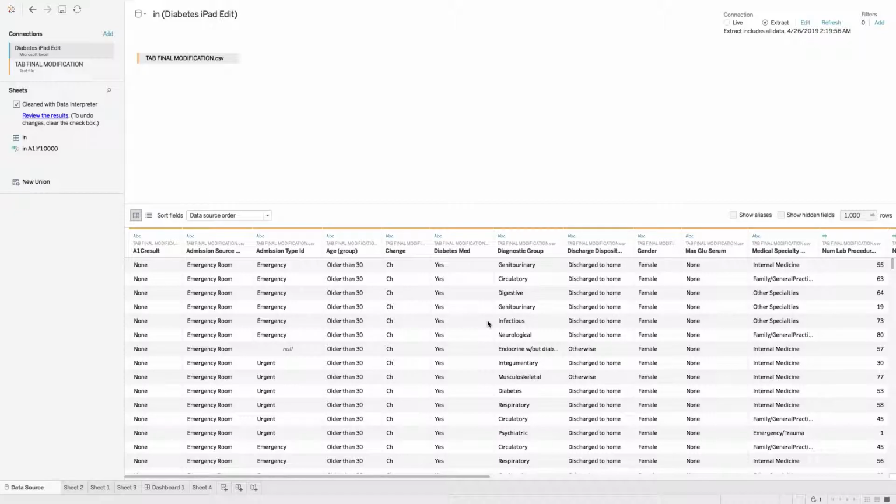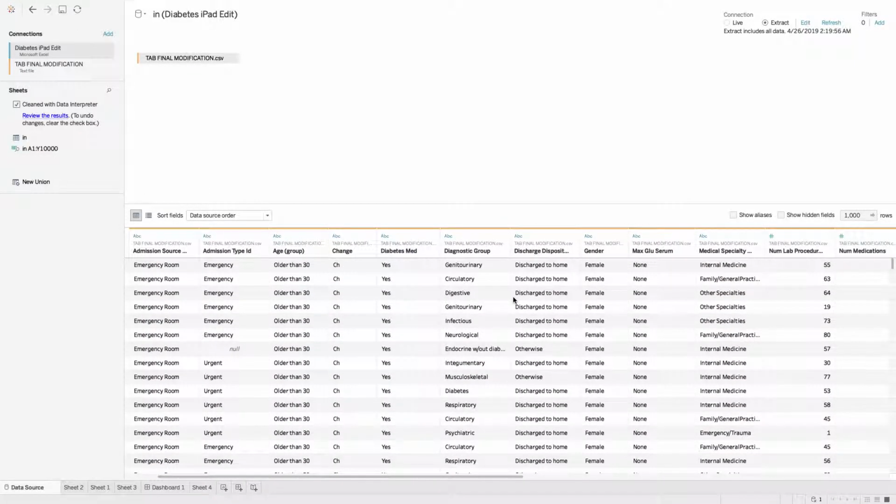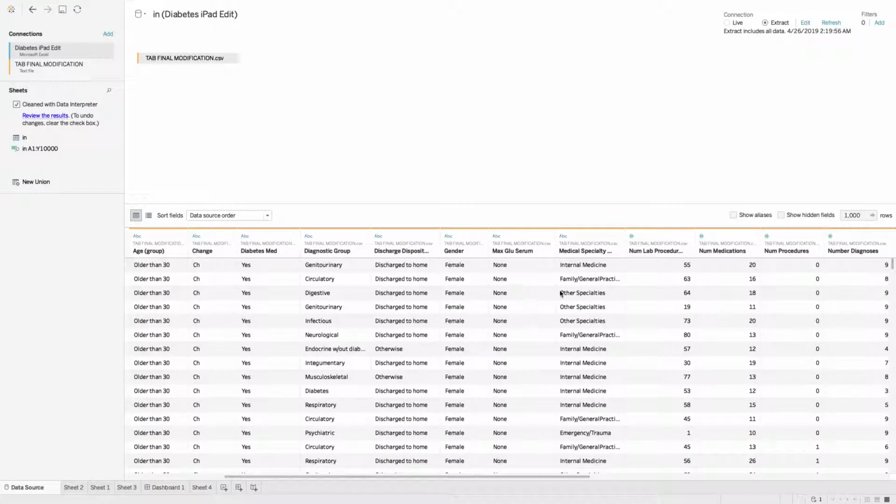Also the diagnostic groups, I had to simplify by code. It was all numeric by ICD codes, so I converted them based on their groupings, so based on system. The other thing was the specialty for providers.